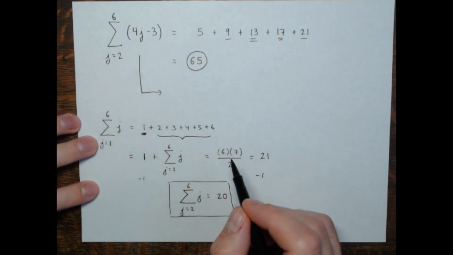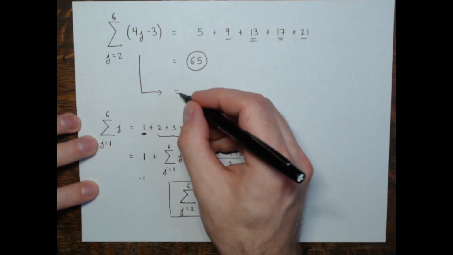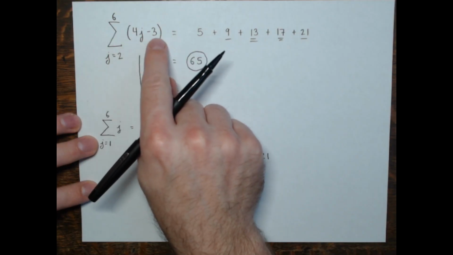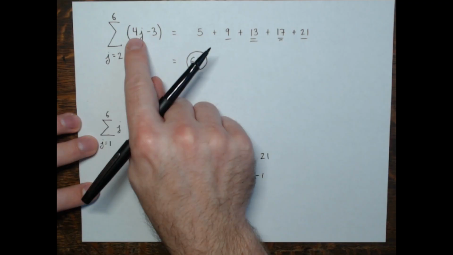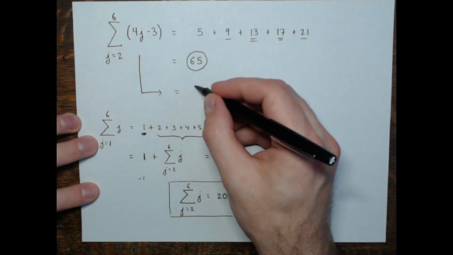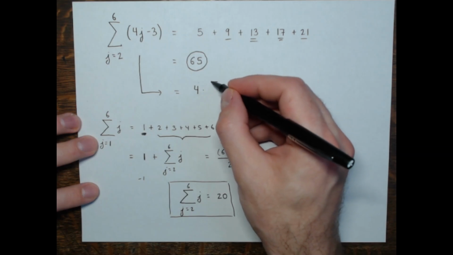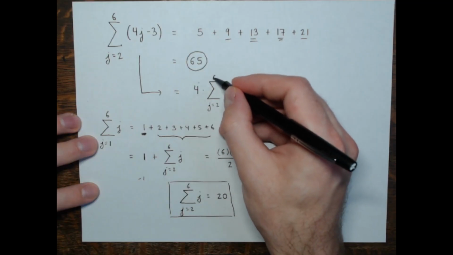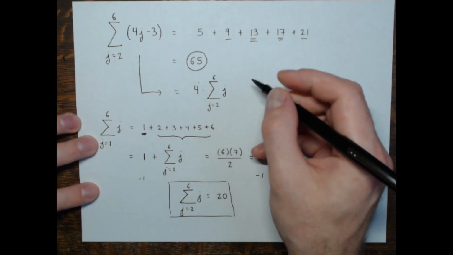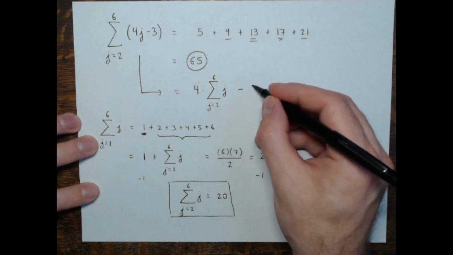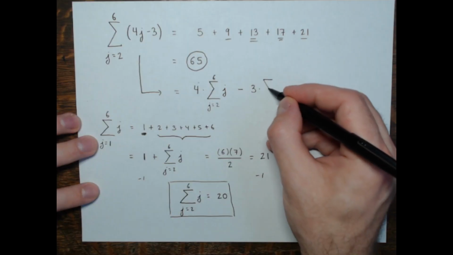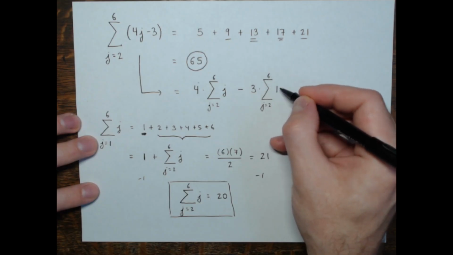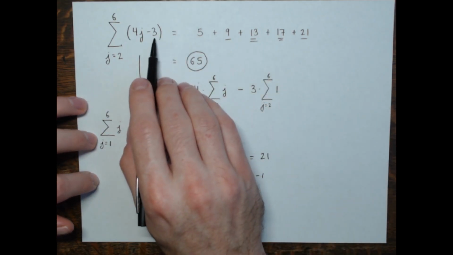Right, so if I go through and use properties, hey, this is a difference, so I can split this up, do the summation of each term separately, and pull the constants out. I would have 4 times the sum from j equals 2 to 6 of these j to the first terms, minus 3 times the sum from j equals 2 to 6 of just the number 1, right? And pull 3 out of that, that's 3 times 1.